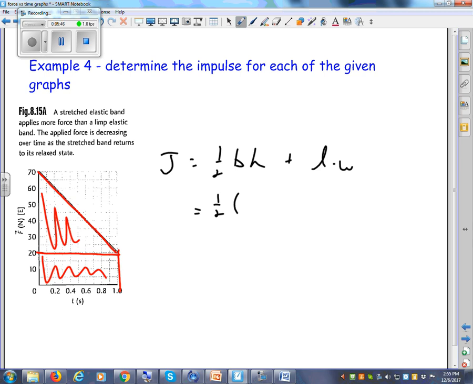So 1/2 the base is from 0 to 1, it looks like. And now the height, oh, hang on. Yeah, no. Base is 0 to 1, and then the height is from 20 to 70, so that would be 50, right? The height of the triangle would be from 20 up to 70, right? 50? Is that not the same thing?